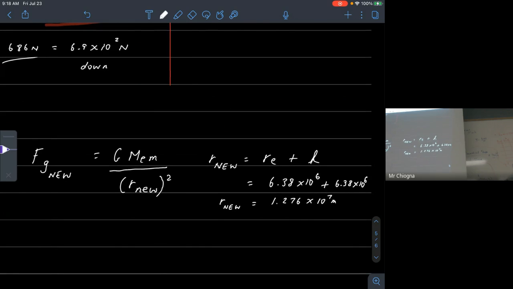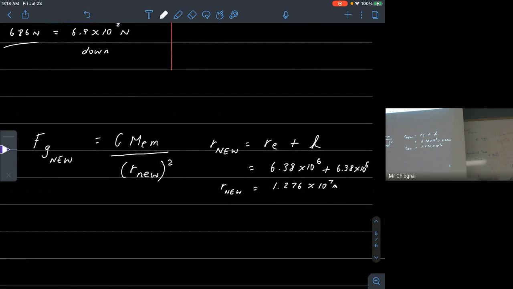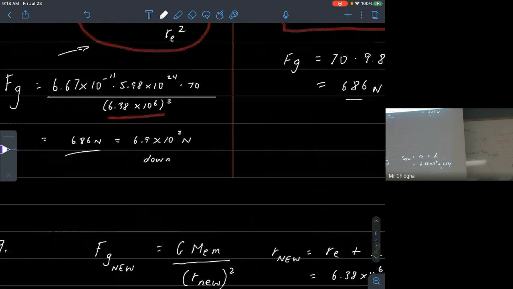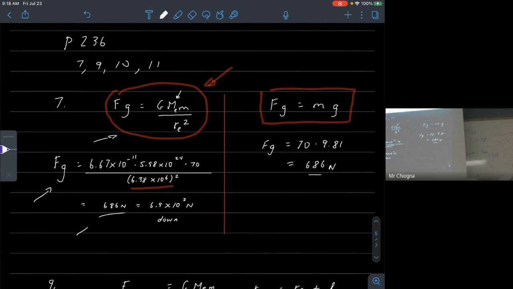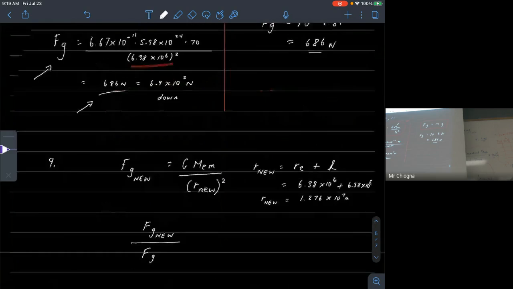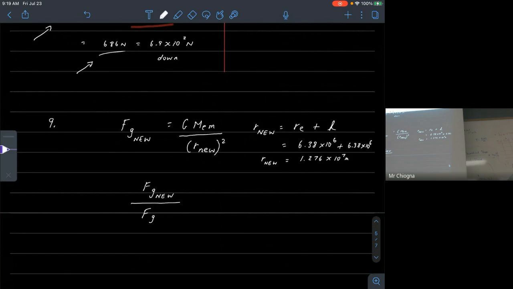Okay. So what I'm going to be interested in is this. This is a trick. I'm going to take our FG new, I'm going to divide it by just FG. Our FG is just the old value. That's FG there. Okay, I'll plug it in later. It's 686.